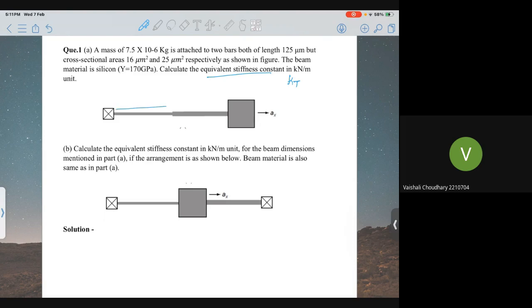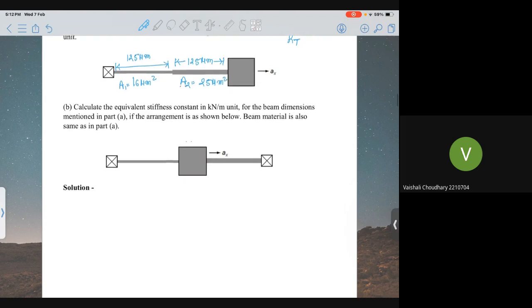So the length of each bar is 125 micrometer. Okay. This is also 125 micrometer, but the cross sectional areas are different. This is 16 micrometer square, and for this bar this is 25 micrometer square.